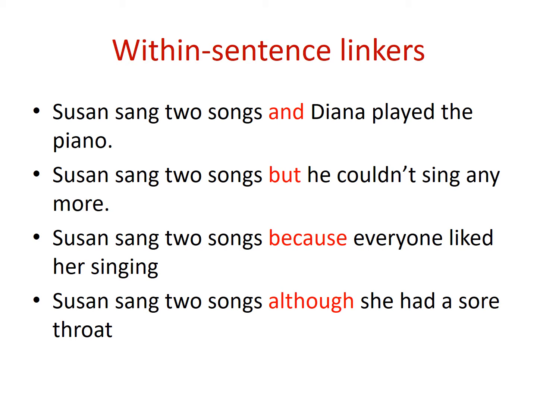Notice that the sentences have two clauses, or that a sentence can have any number of clauses. In these examples, the linker joins the clauses together within one sentence, which is why we call these linkers within-sentence linkers.